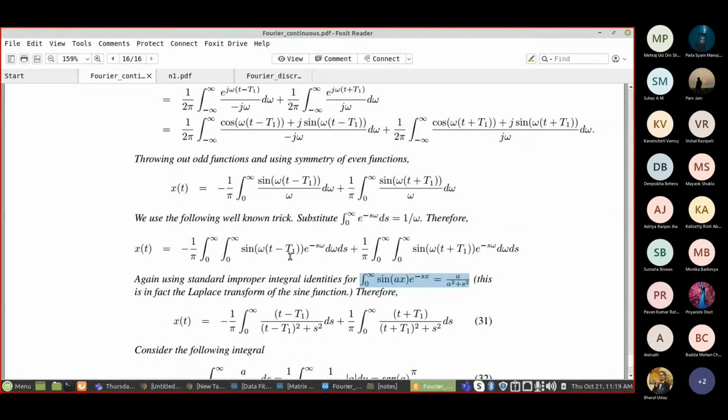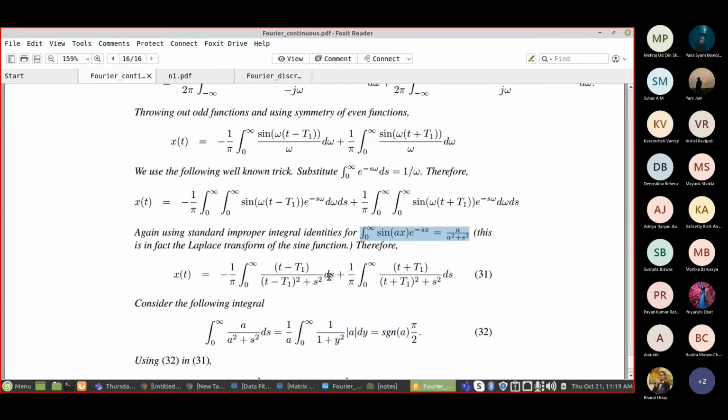So both the integrals, we are simplifying one integration in each of these integrals. So this is our a, t minus t1, and this follows from this formula.